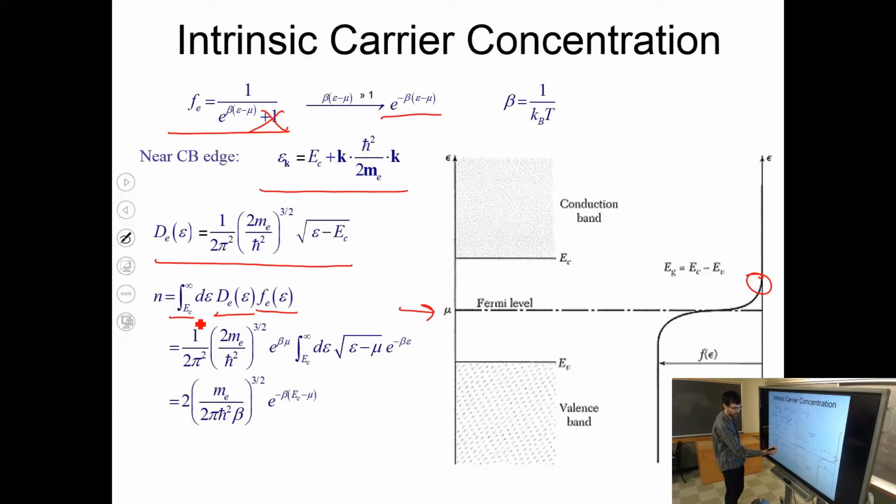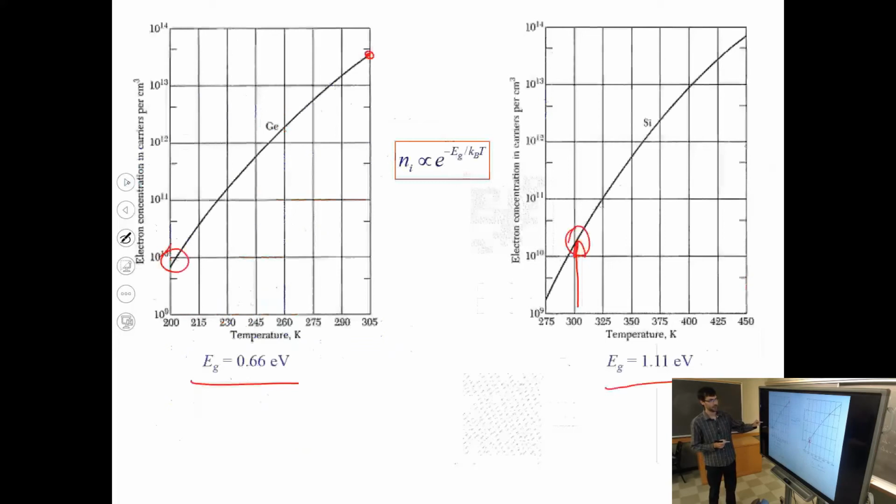It's a square root function times this exponential prefactor from the Fermi distribution. And if you take this integral, which I'm not going to do here, it works out to be this expression. So this is the intrinsic density, exactly the exponential term that we've seen in the previous slide. So this exponential term gives this kind of carrier concentration established for these two important semiconductors.